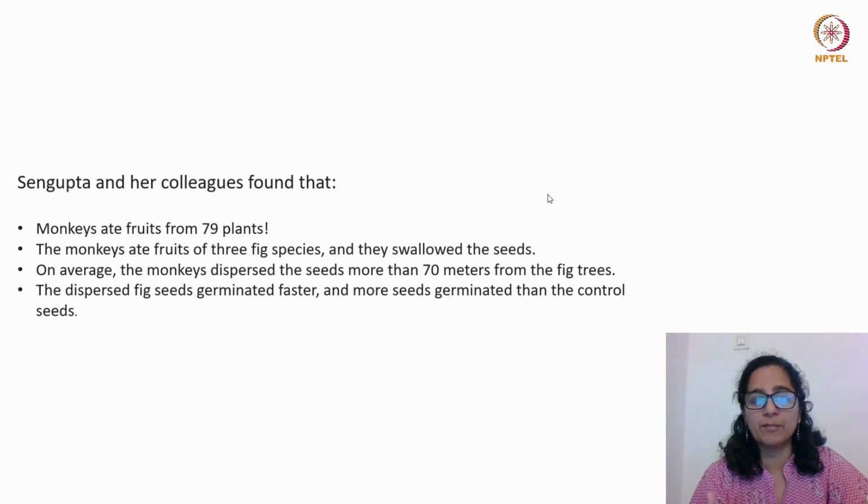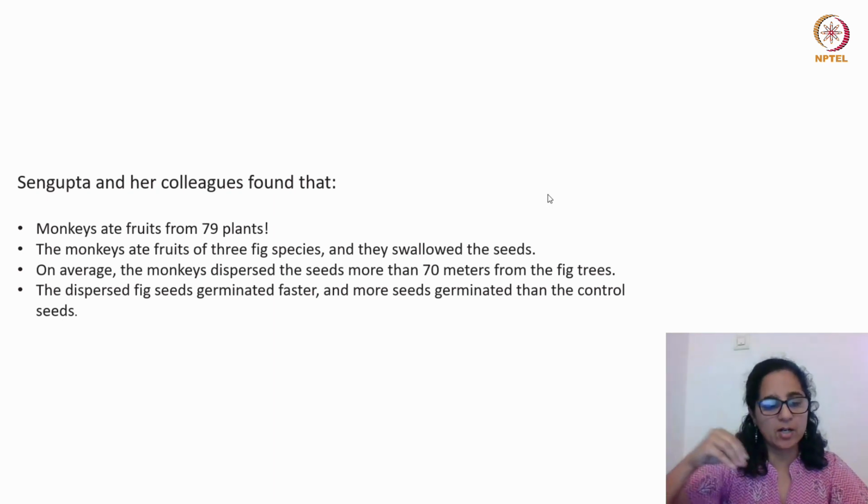As you know from the earlier class, fig seeds are tiny, right? So they can be swallowed. On an average, the monkeys dispersed seeds more than 70 meters from the fig tree.